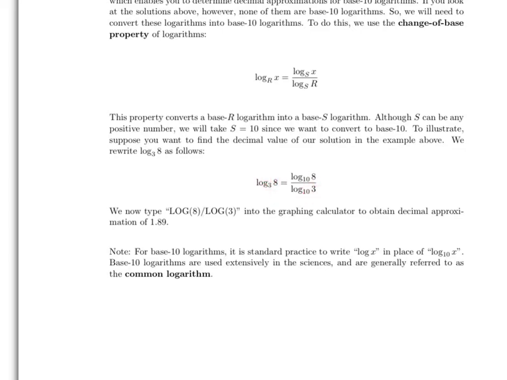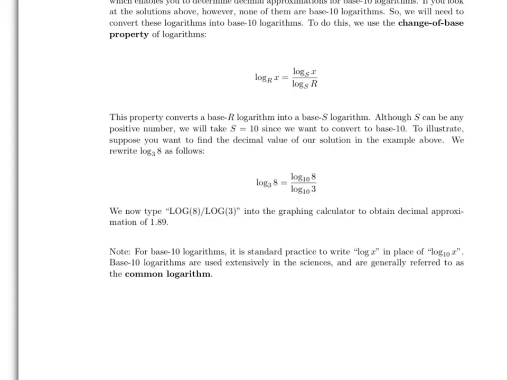On a calculator, you would press your log button and then type 8 and close the parentheses. Then press your division key and the log key again, then press 3 and close the parentheses. When you hit enter, the graphing calculator will give you a decimal approximation of 1.89.